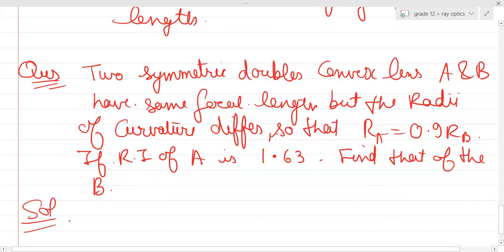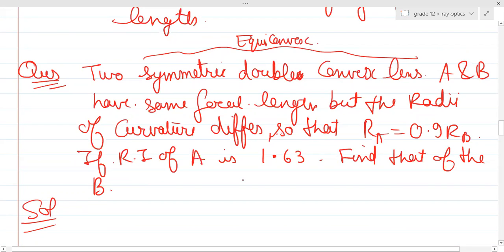So this is the question. There are two symmetric double convex lenses. By symmetric double convex, what do I mean? Biconvex. Sorry, equiconvex. So symmetric double convex means equiconvex.